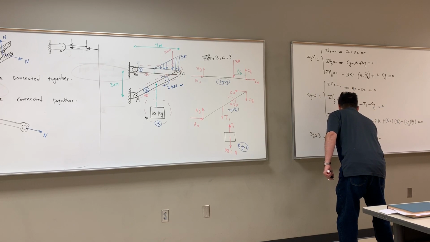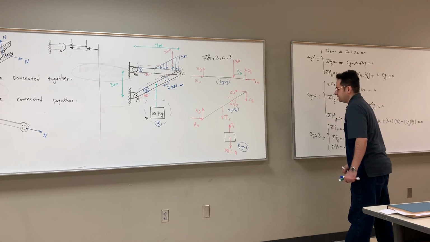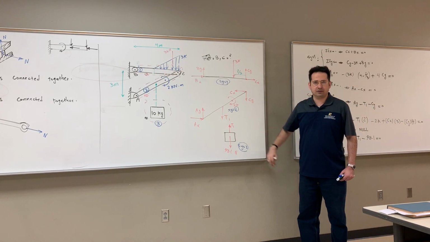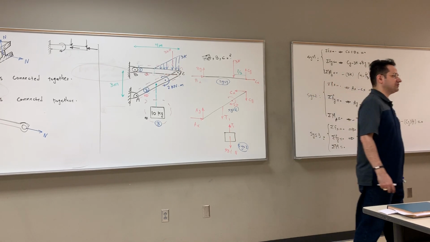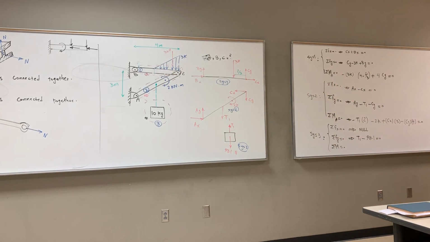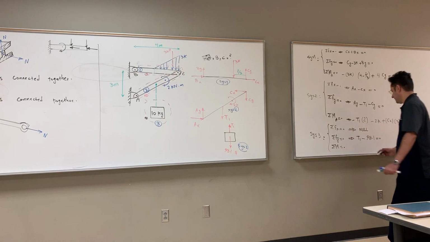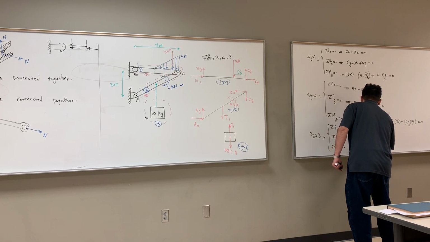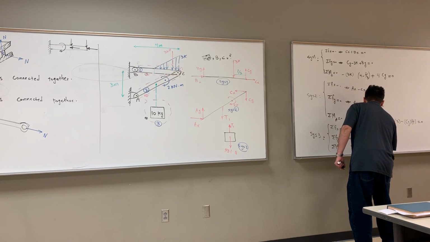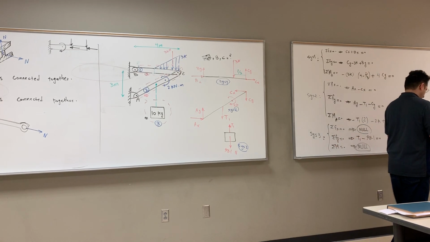And summation of moment around any point, 0. Let's say I pick a point at the very center. The moments are all 0. So 0 is equal to 0 is another null equation. You don't even use this guy.